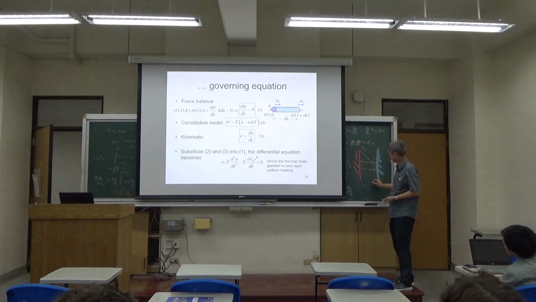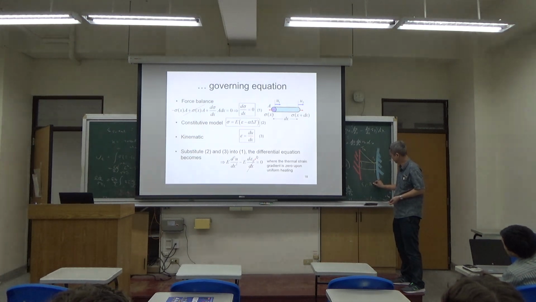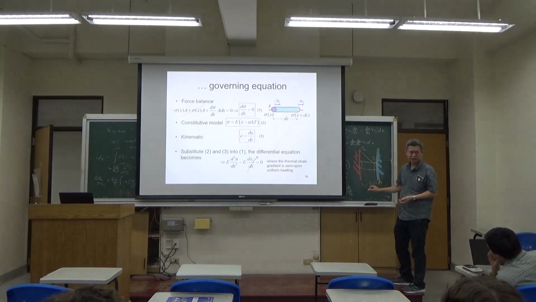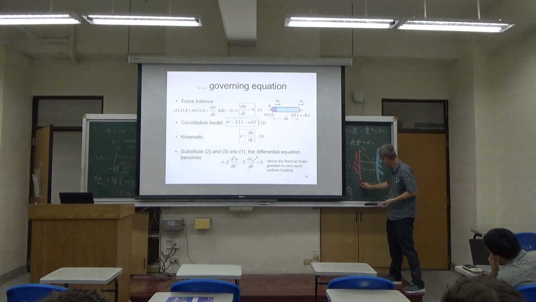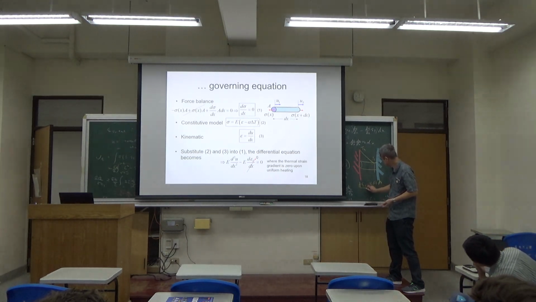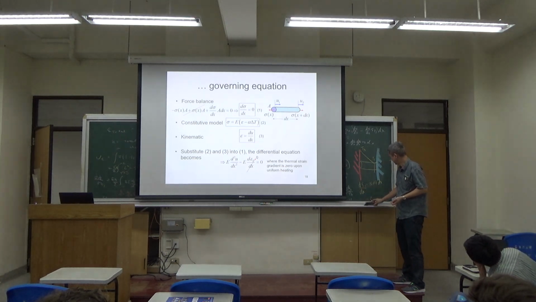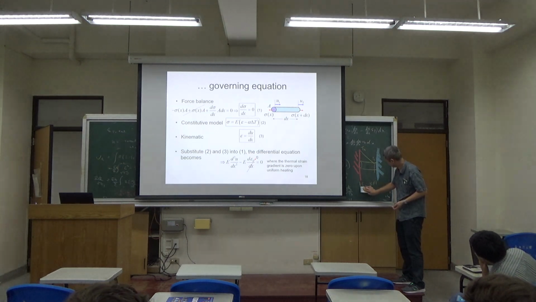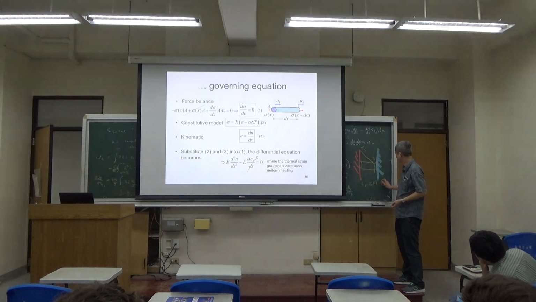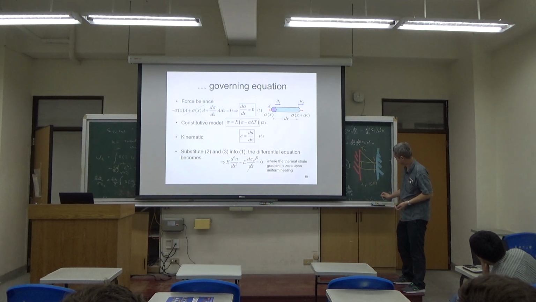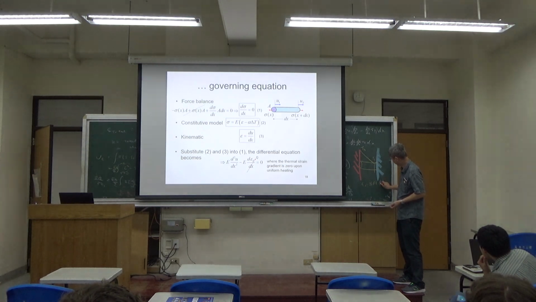Your thermal strain is alpha delta T, times the length, let's say dx. If the temperature is now a linear function, this strain is fine for small dx.